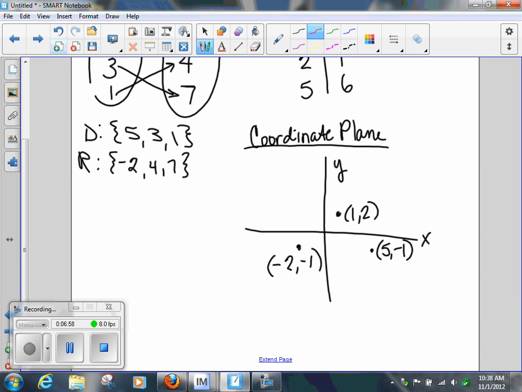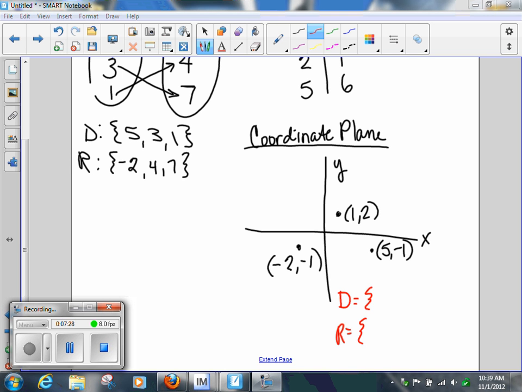What if you were given a coordinate plane and you were told to list the values of the domain and list the values of the range? Do that for me now, please. What are those values of the domain?